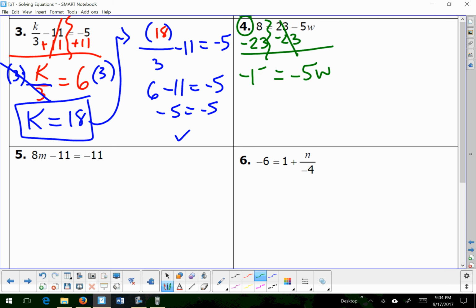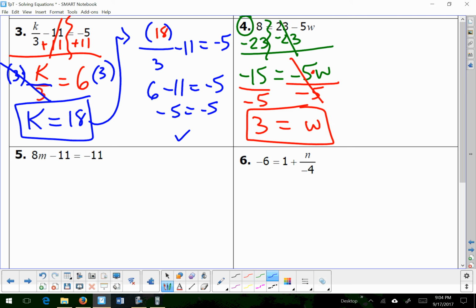So negative 15 is equal to negative 5 times W. Third step, clear the coefficient. So we're going to divide both sides and set the inverse of multiply and keep the coefficient the same. W is equal to positive 3, and then I check my answer.